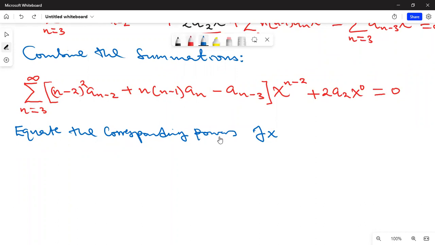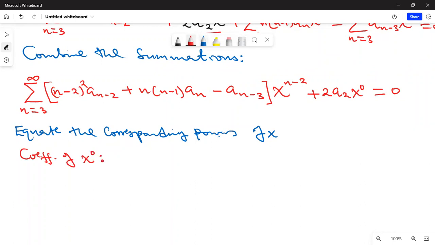So let's start with the powers of x raised to 0. X naught, or the coefficient of x naught, what are we going to get? So you write coefficient of x naught, or simply x raised to 0.